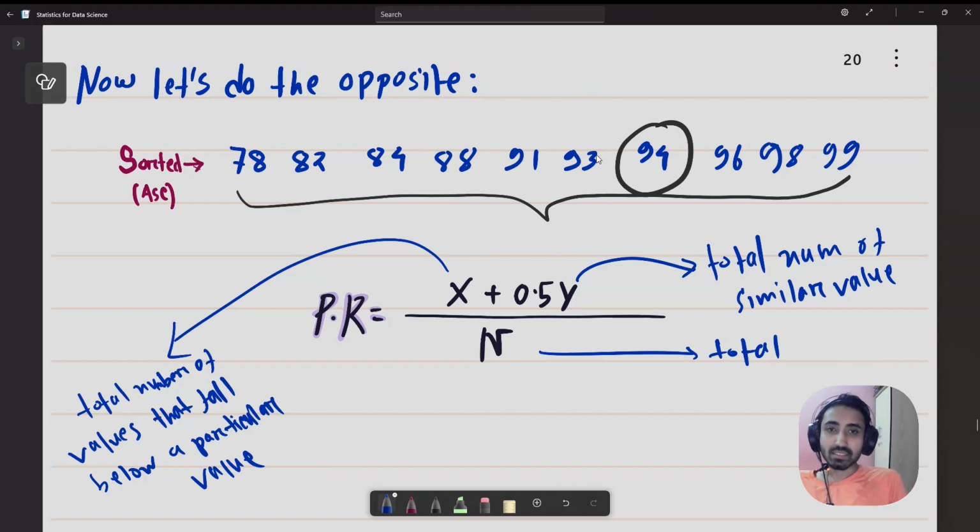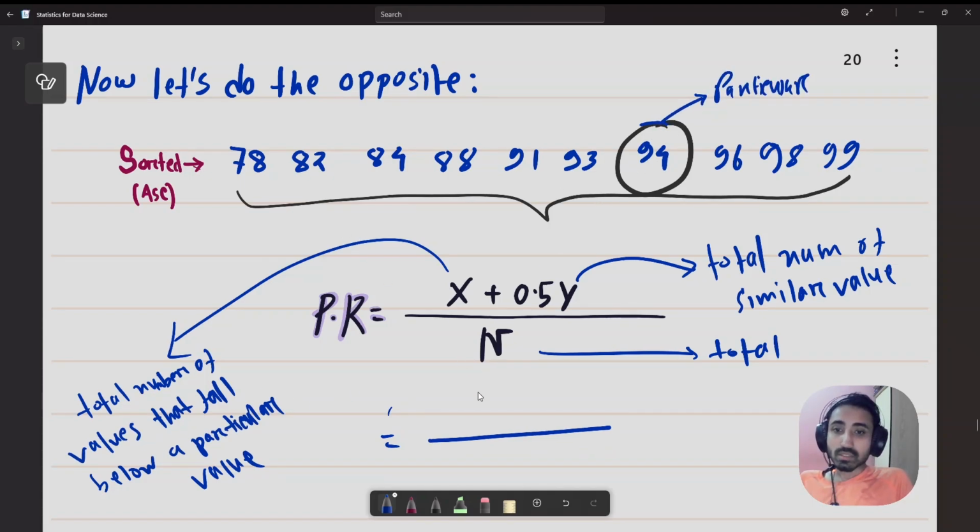For this case, if you want to calculate the percentile rank for 94, the total number of values that fall below this particular value is 6, plus 0.5 times the total number of similar values. There is no 94 in this dataset, so the total number of similar values will be 1, and the total number of values in this dataset is 10.